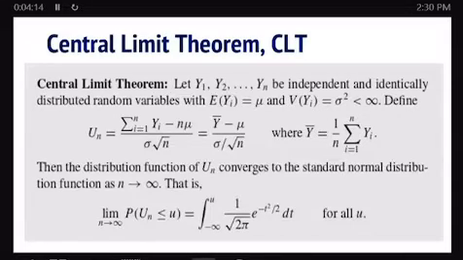If I have random variables Y1 up to Yn that I choose randomly from a population whose distribution is not normal, and if we go into such a population several times, provided the sample size is large, we expect the distribution of the statistic to converge approximately to a normal distribution. That is what the central limit theorem talks about.